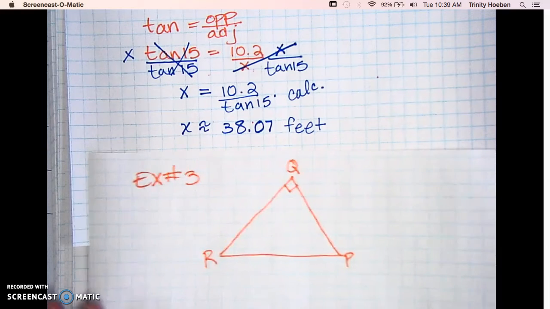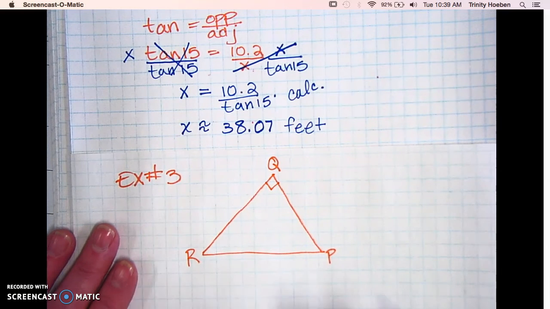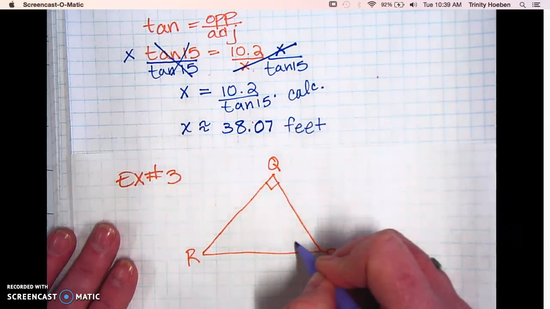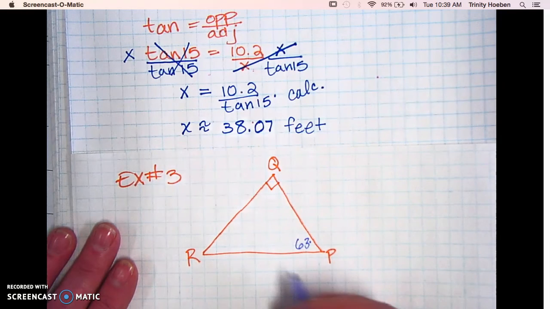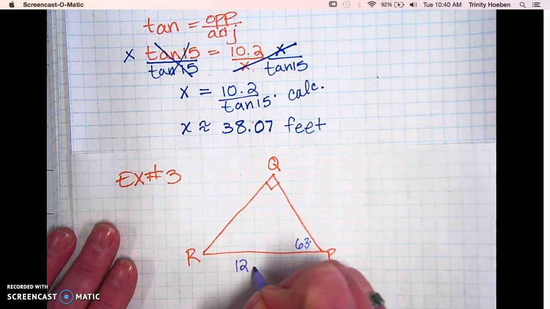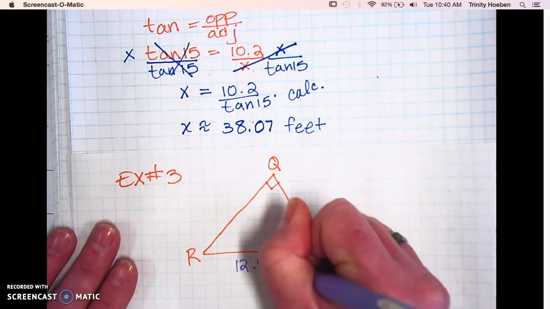Let me give you some values. All right. So angle P right here is going to be 63 degrees. And this side down here, RP or PR, is 12.9 centimeters.